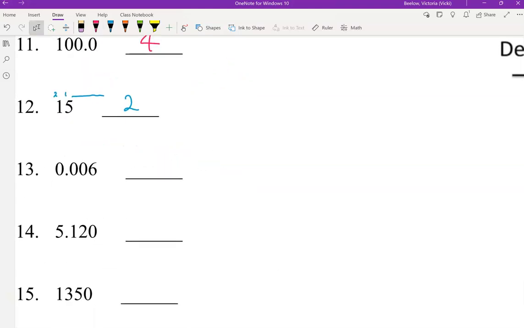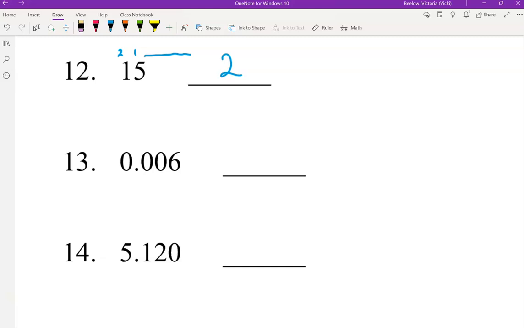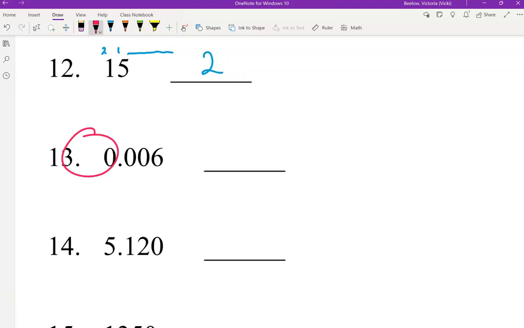For question 13, I have 0.006. So again, the decimal is present. If the number is the United States, I'm going to approach from the Pacific Ocean side. So again, you want to count the first number that you come across that's not a 0. Notice I'm skipping these zeros because I didn't hit a number that's not 0. The first number I come across that is not a 0 is the 6.